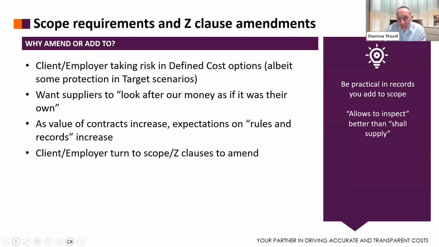I very often see this changed to the contractor shall supply accounts and records. And what this means is every application for payment is followed by folder after folder, hard copy, electronic, of all the accounts and records that support the costs claimed.